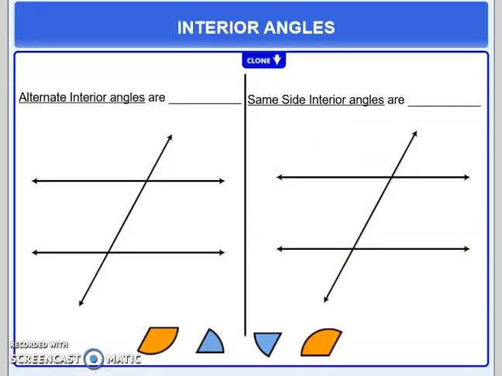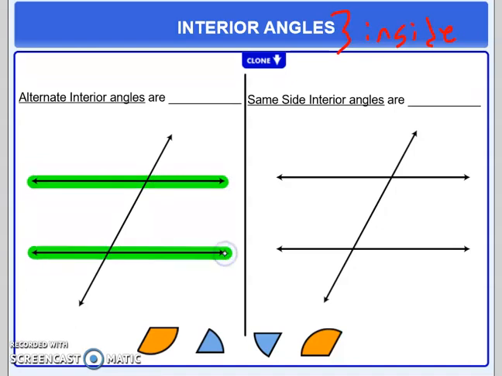Let's keep it going. So we have what's called interior angles. And let's think about what it means to be interior. Well, interior means inside, right? So interior angles, I'm just going to write inside. So if I were to break up this diagram of our lines and transversal, I'm just going to highlight real quick my parallel lines.